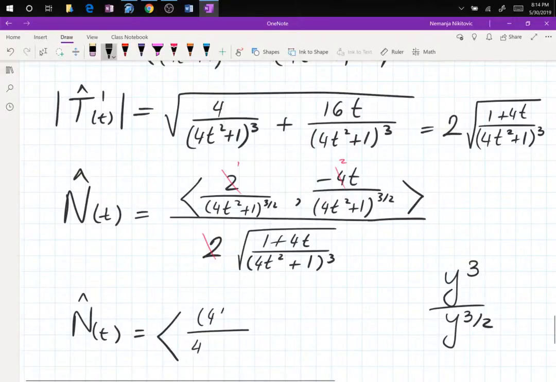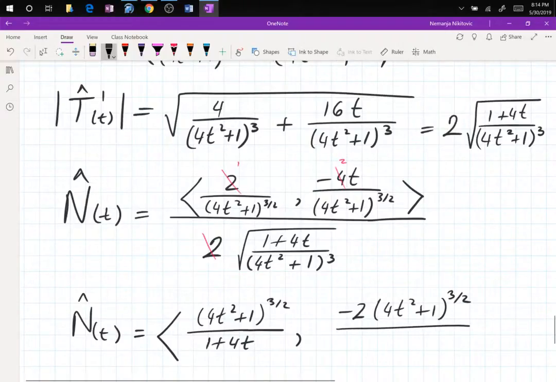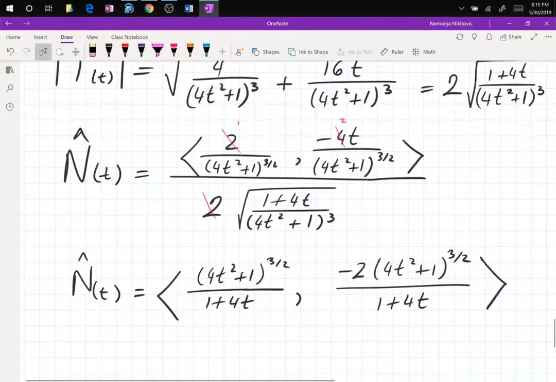So I have 4t squared plus 1 to 3/2 divided by 1 plus 4t. There we go. Perfect. And the second term is negative 2 times 4t squared plus 1 to the 3/2 divided by 1 plus 4t. Simple, no, not an issue.